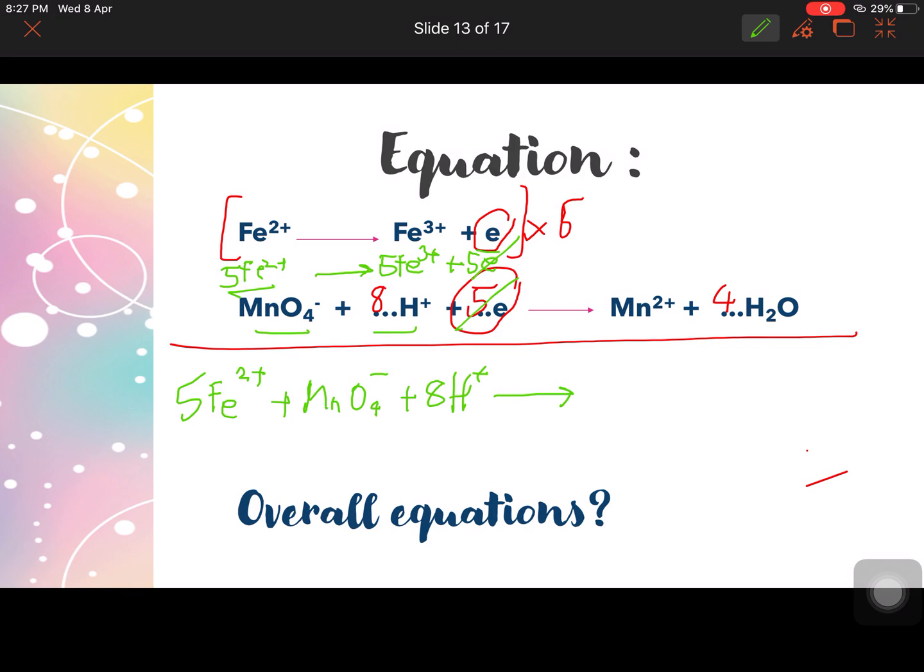Okay, for the product, this one 5 Fe3+, this one manganese ion, and this one is water, 4H2O. Jadi itulah half equation. Overall equation.